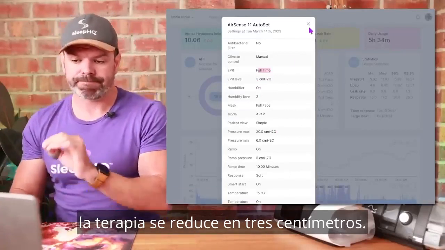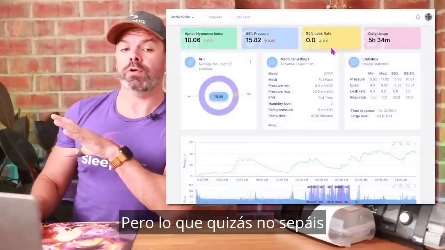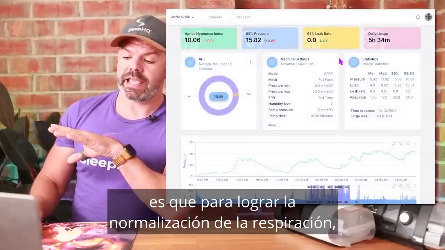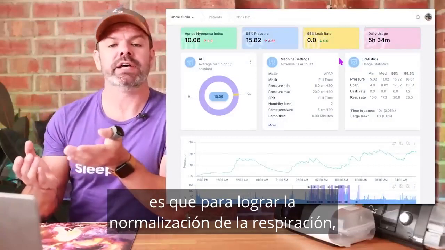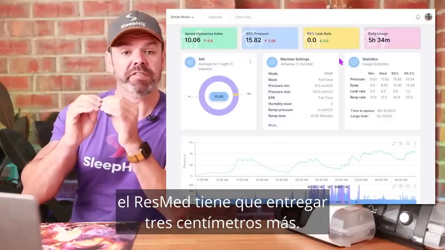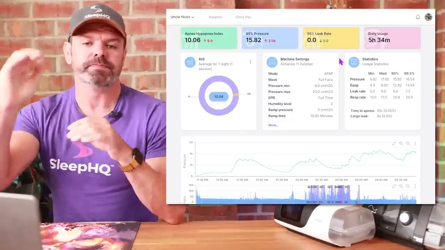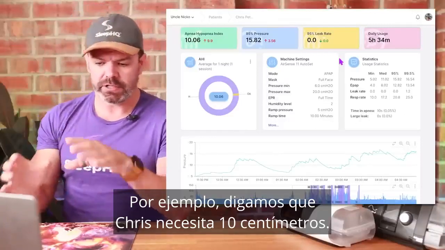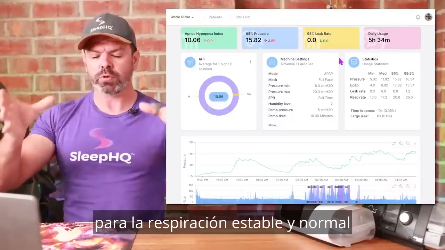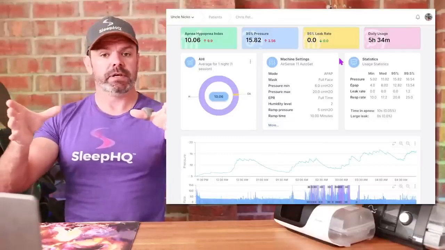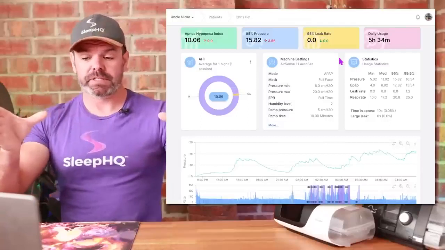But what you might not know is, in order to achieve breathing normalization, the ResMed has to deliver 3 centimeters more. For example, let's just say Chris needs 10 centimeters. That's what's required for good, stable, normal breathing when EPR is off.